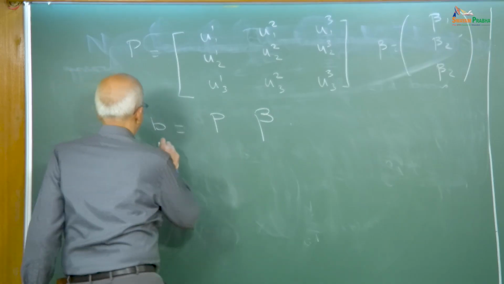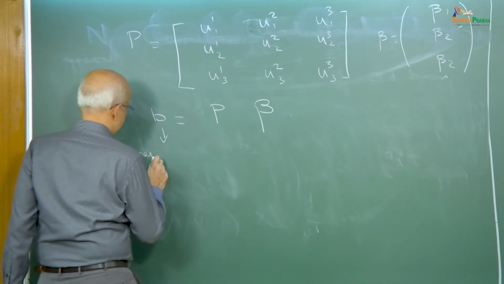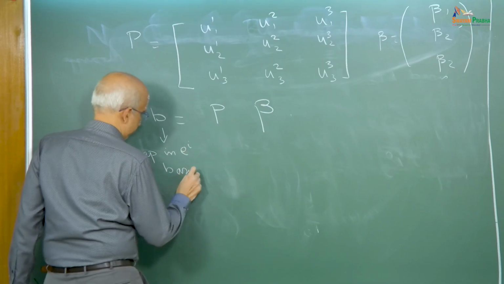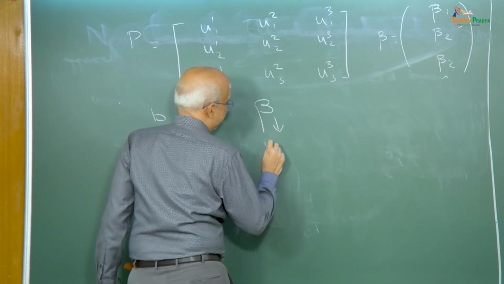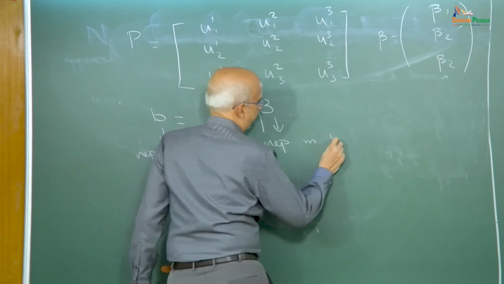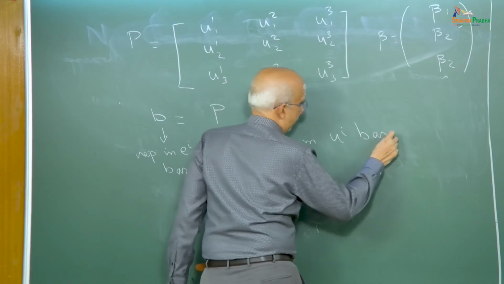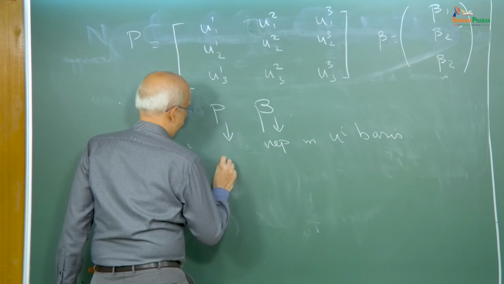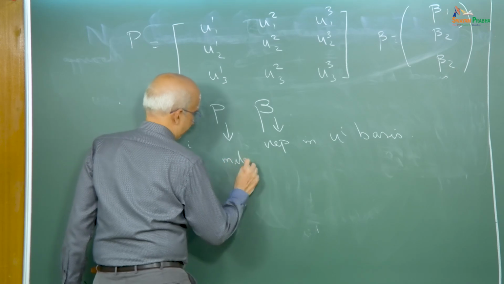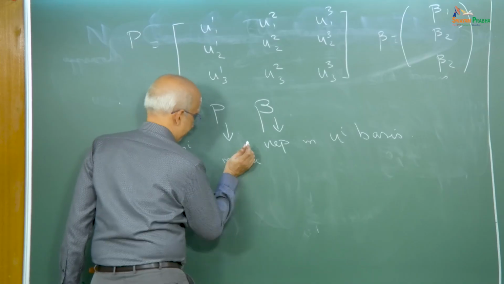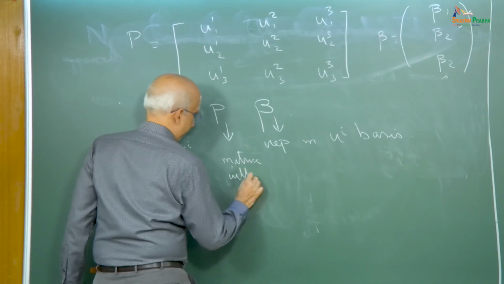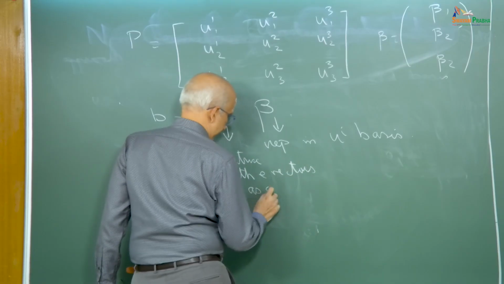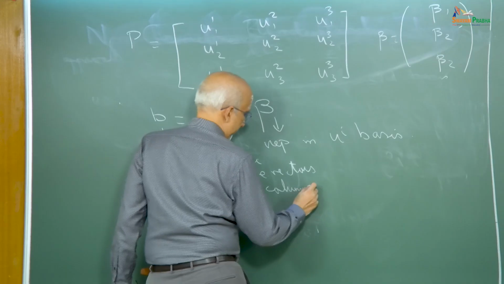This is the representation in the EI basis, and this is the representation in the UI basis, and this P is the matrix with eigenvectors as columns.